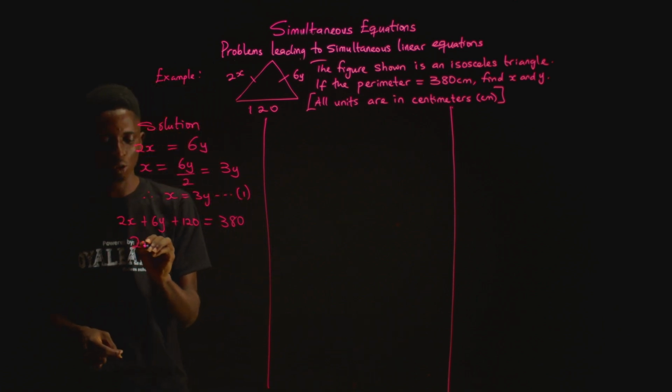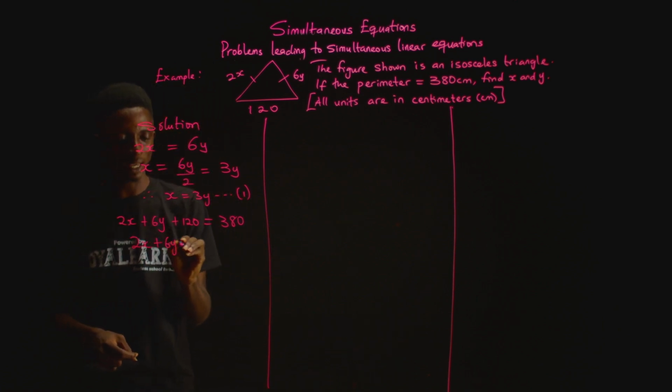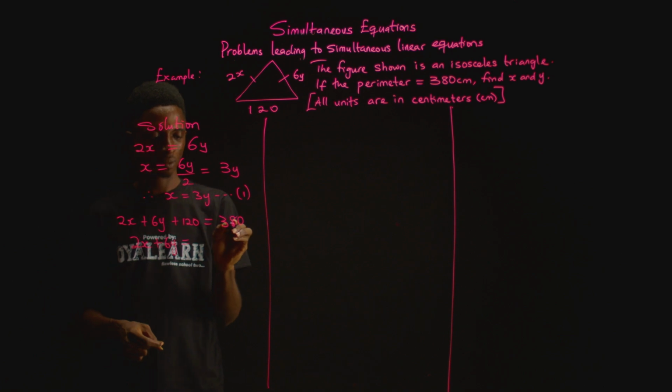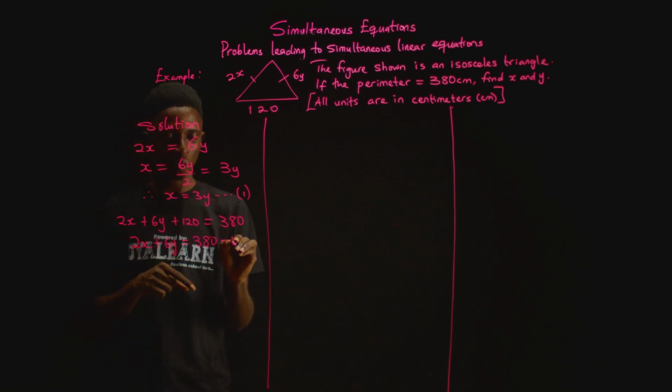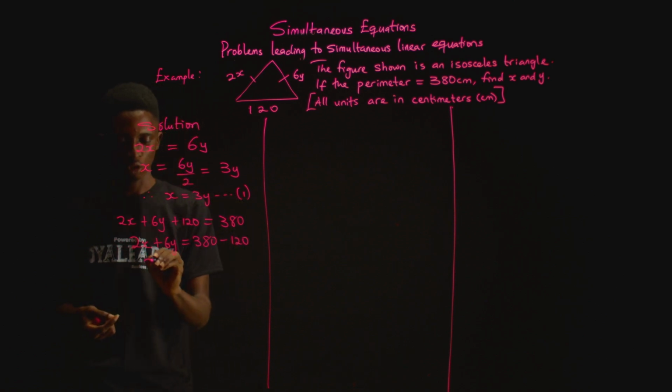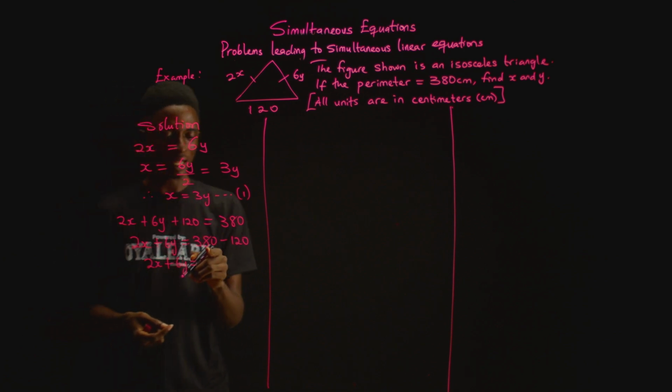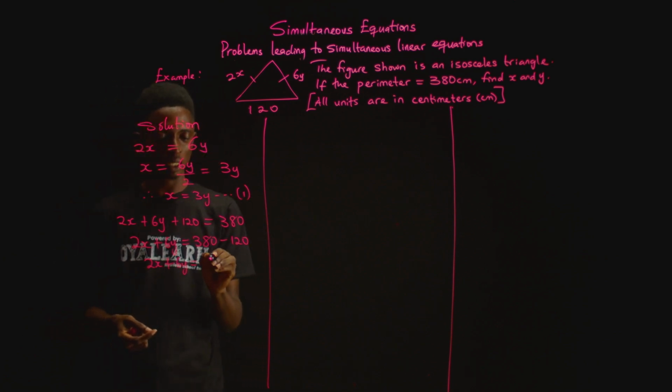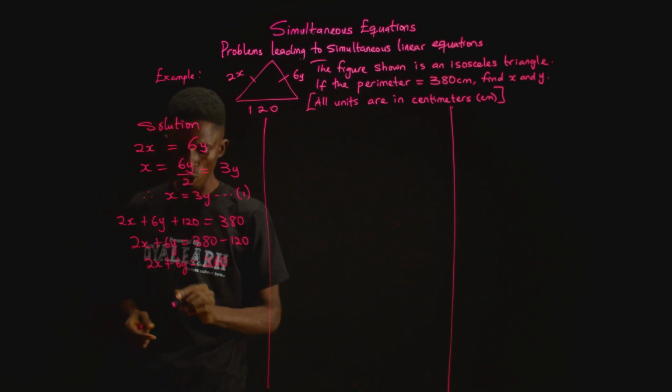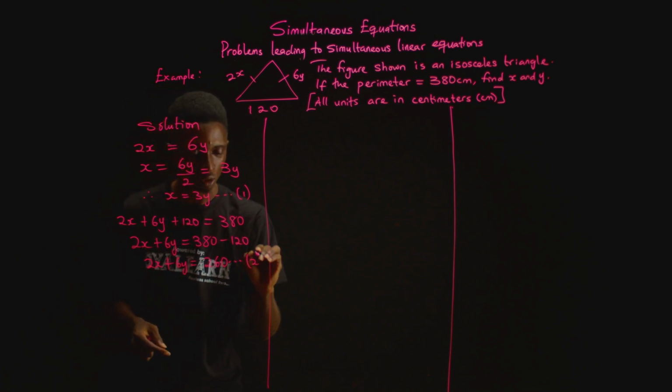So we can then say 2x plus 6y equals 380 minus 120. Now 380 minus 120 will give us 260. So 2x plus 6y equals 260. This is our equation 2.